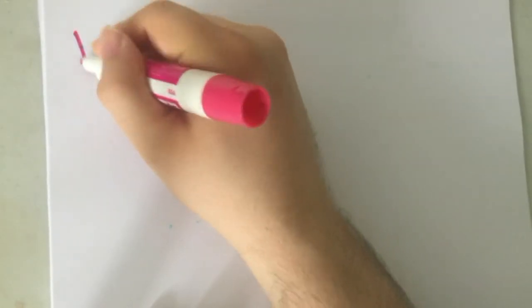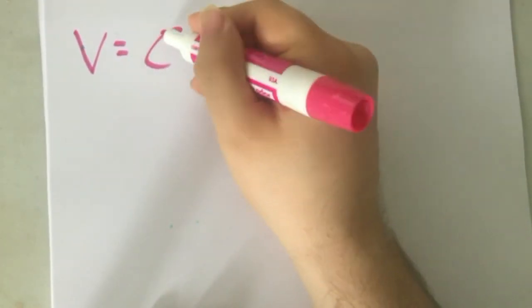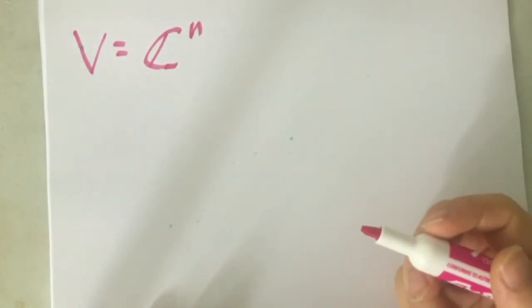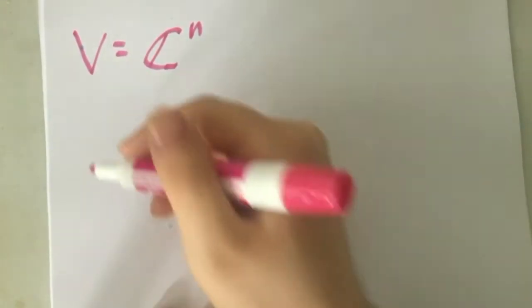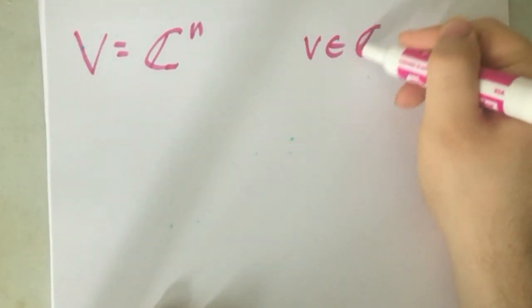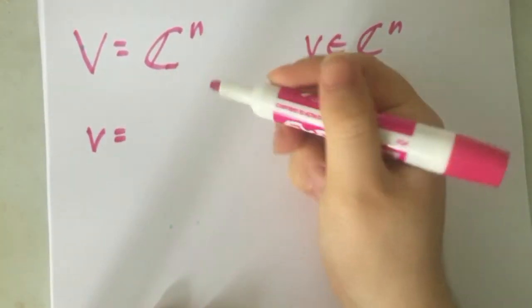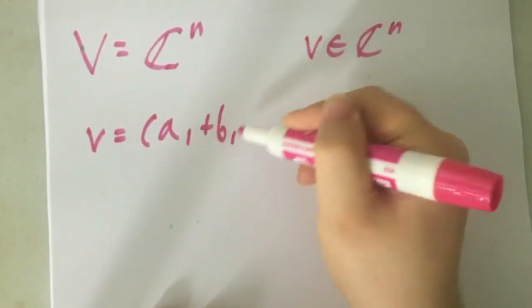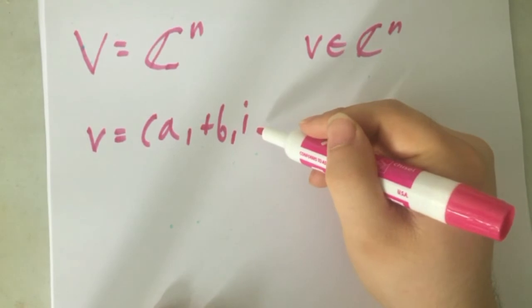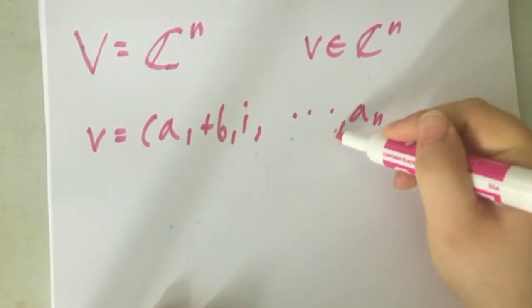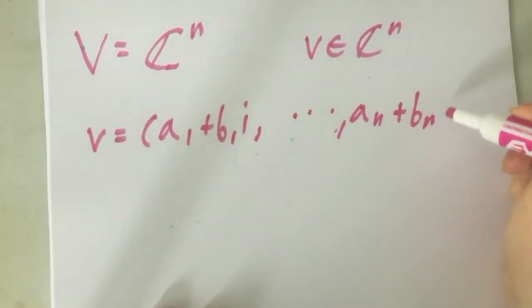One relatively straightforward example is to take the vector space of n-dimensional complex numbers. Let's take an arbitrary V in here, then V equals a1 plus b1 i, through an plus bn i.